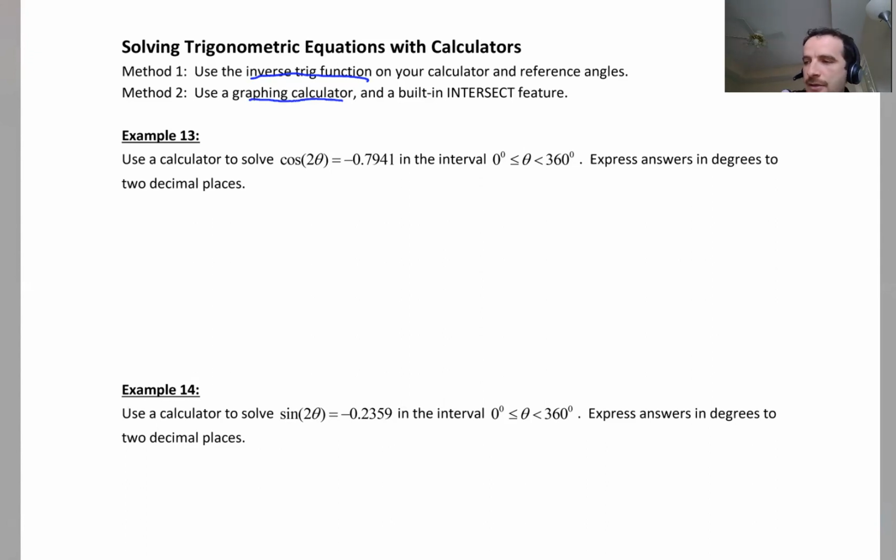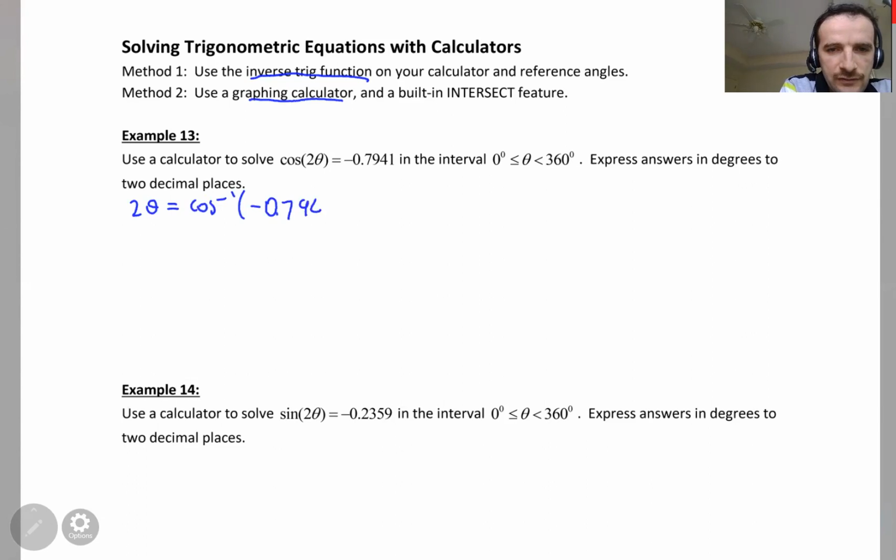Now, first of all, if cosine 2 theta is equal to negative 0.7941, what is 2 theta equal to? So 2 theta is equal to cosine inverse of negative 0.7941.